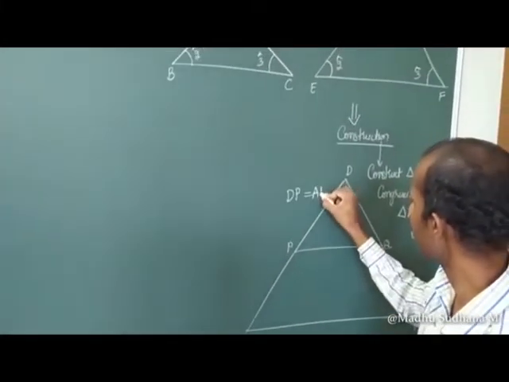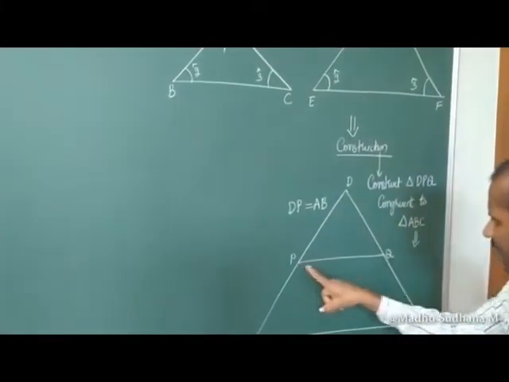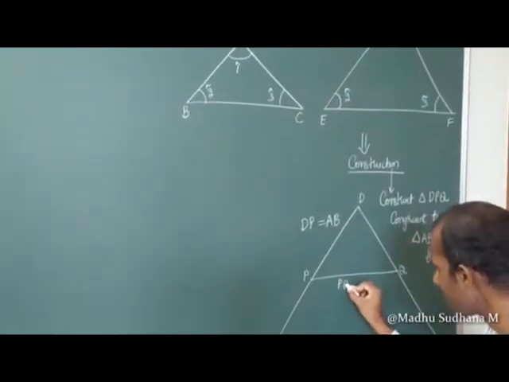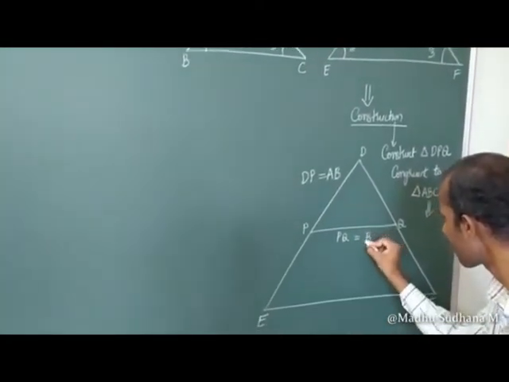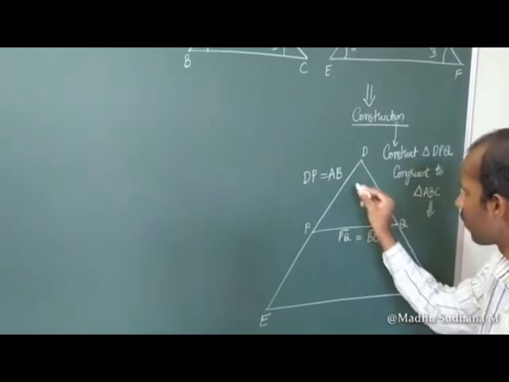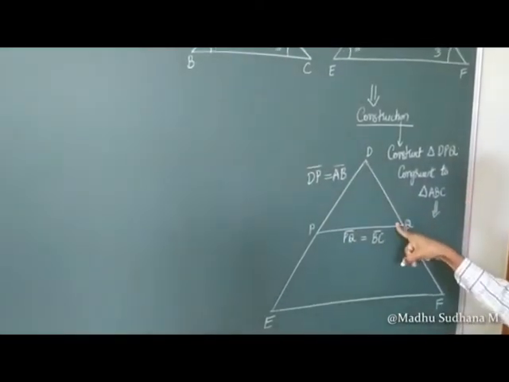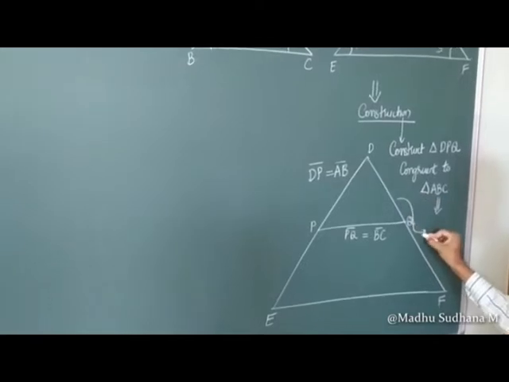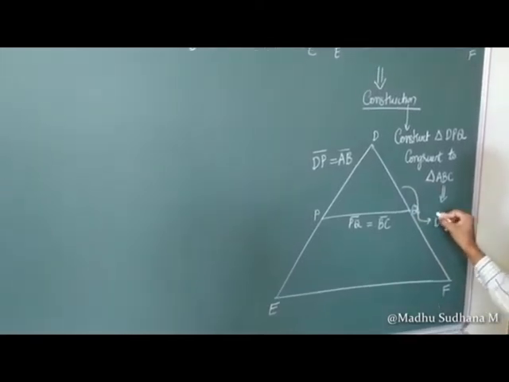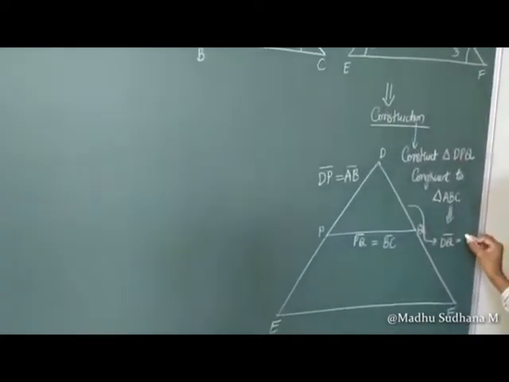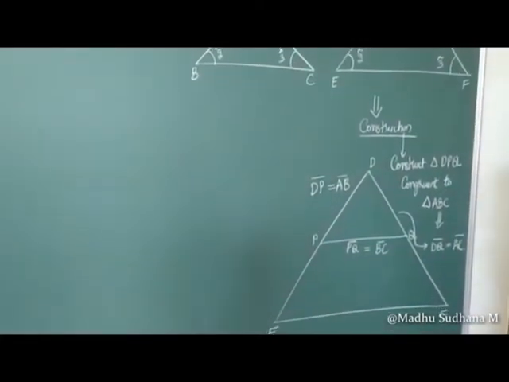This length PQ is the same as length BC here. Followed it, children. Then you have this length DQ, which is equal to the length of AC. Followed it.